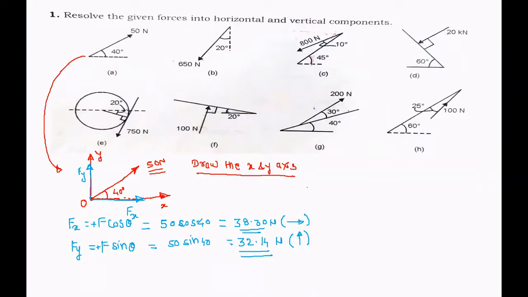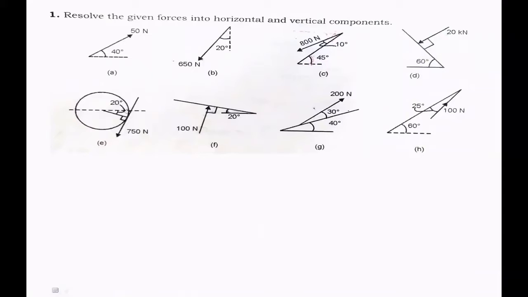Okay, now refer the second problem. For the second problem, this is the point of application. Okay, so consider this point as a point O. From the direction of the force 650 Newton, this is the magnitude. It is clear that this force is in the third quadrant.